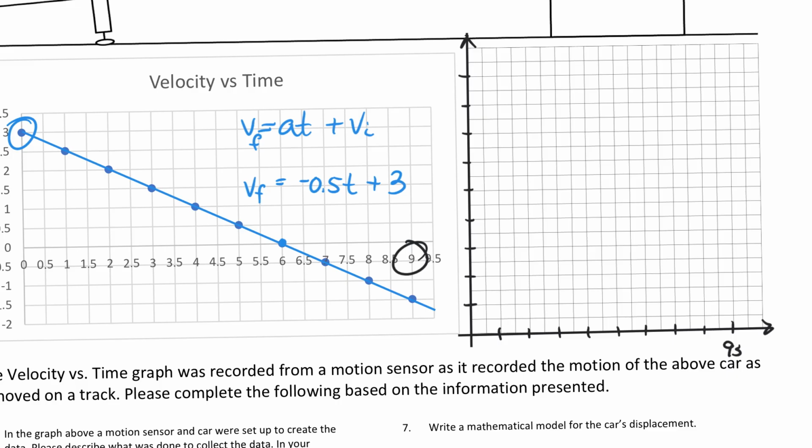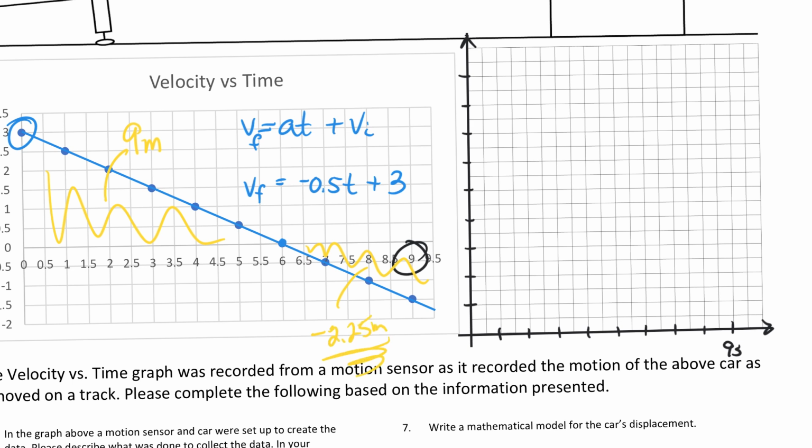This area that I've just identified here would represent the displacement before the object stops, and that's 9 meters. This area would represent the displacement for the object's trip back down the track, and this is a negative, I think, 2.25 meters.